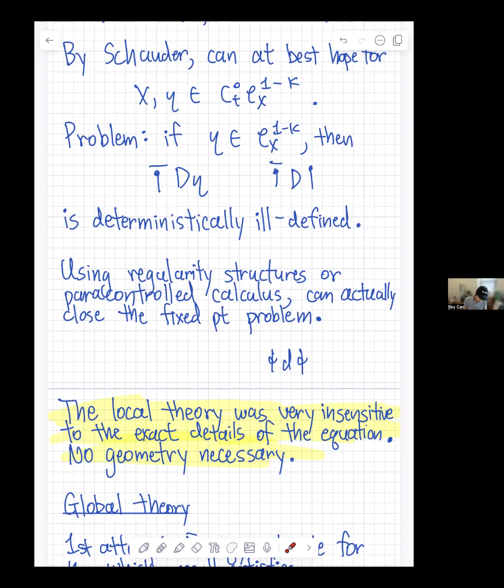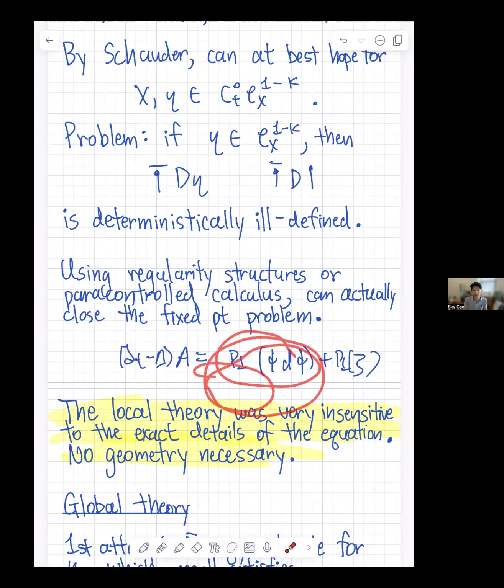So recall this is the nonlinearity that enters into the equation. So morally, the A equation looks like something like this plus psi, up to these Leray projections. And it didn't really matter exactly the form of the nonlinearity. You're going to be able to handle it as long as it's of this phi d phi form, so this quadratic with one derivative nonlinearity.